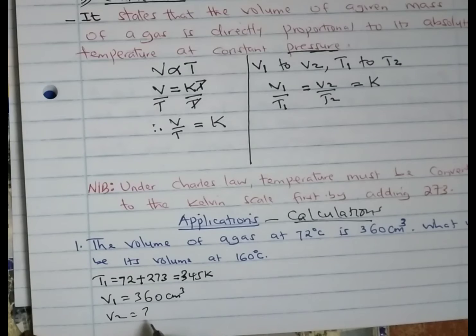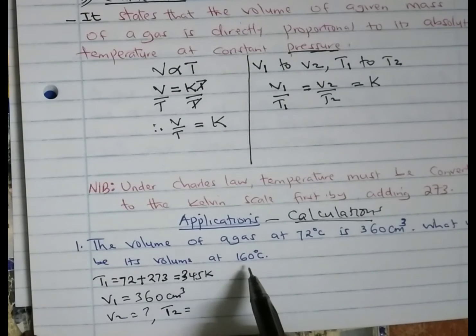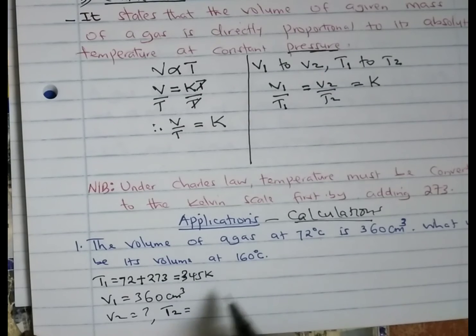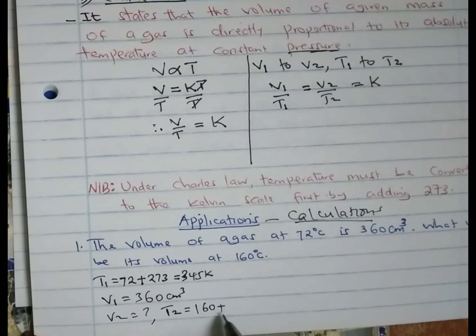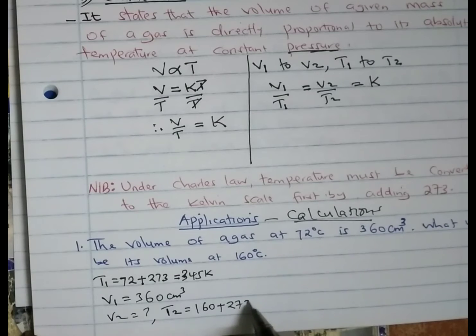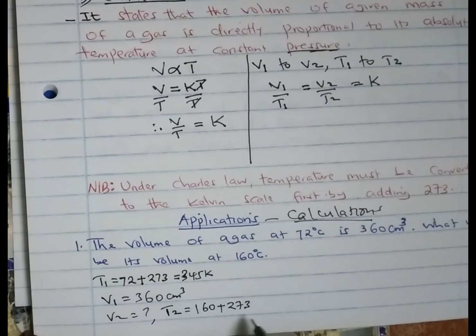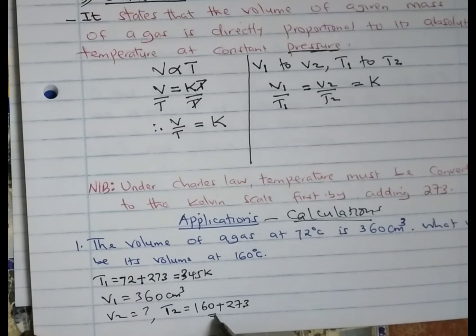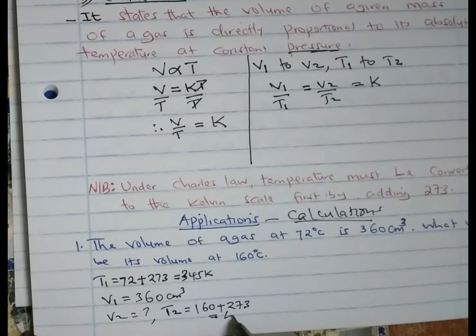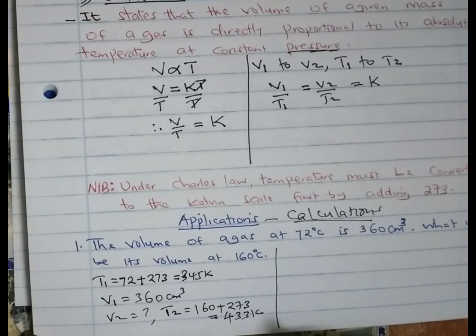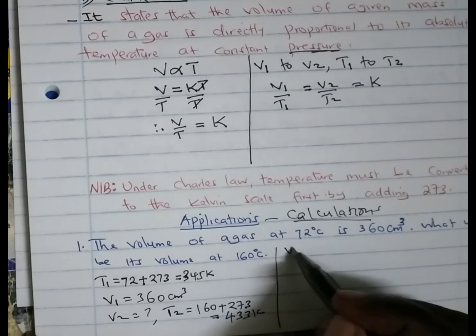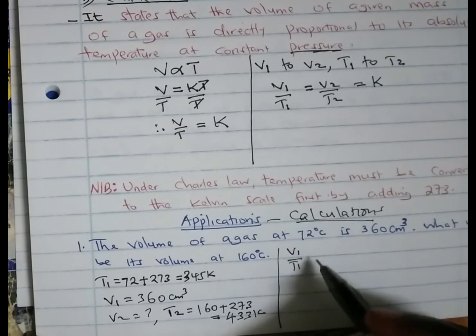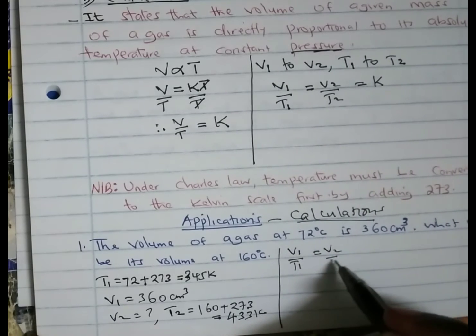Volume 2 is not given, but we have been given temperature 2 of 160 degrees Celsius converted into kelvins by adding 273, which gives us 433 kelvins. According to Charles' law, we know volume 1 over temperature 1 will give us volume 2 over temperature 2.